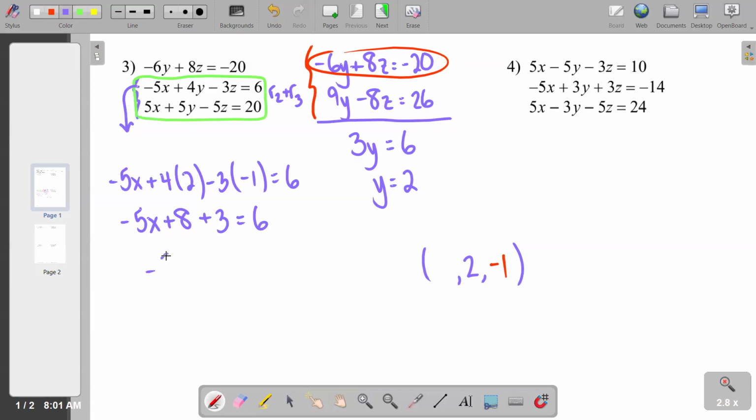So we have negative 5x plus 11. You always combine your like terms when they're on the same side of the equal sign. You don't want to start the solving process until you've cleaned it up entirely. And then if I subtract 11 from both sides, I get negative 5x equals 6 minus 11, negative 5. Divide by negative 5, I get x is 1, and I am done.